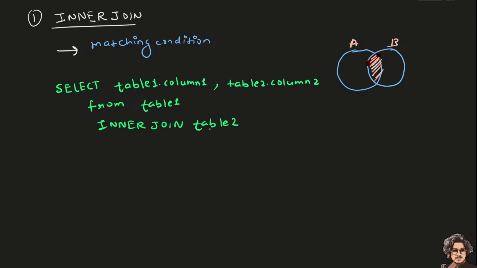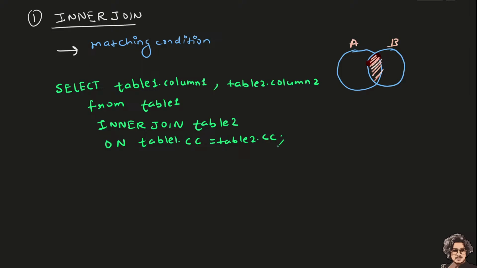Then ON, on what basis? Table 1 dot common column, I am writing CC, is equal to table 2 dot CC, the common column.